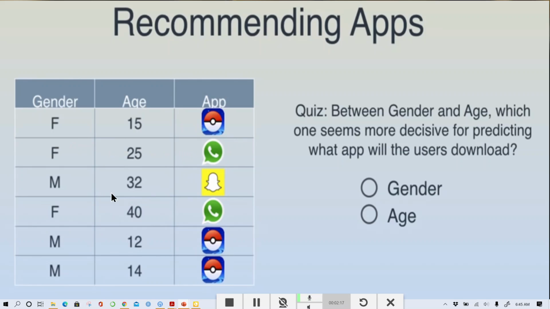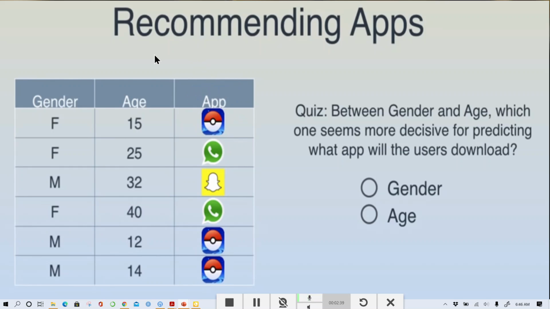And the third customer is a 32-year-old male who eventually downloaded the Snapchat app. So, our target variable here is the app variable or feature. It's a categorical feature, which means this is a classification problem.